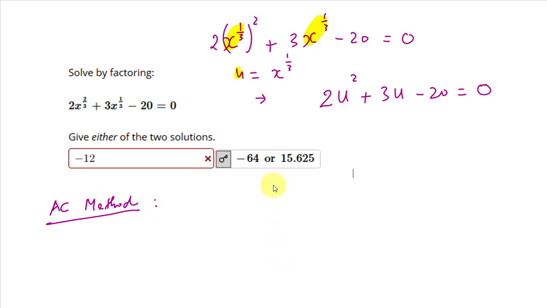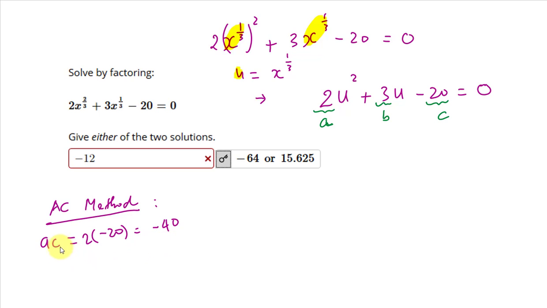We label this as coefficient A, this as coefficient B, and this as coefficient C. The AC method says we are trying to find the product AC. A multiplied by C, 2 times negative 20, gives me negative 40.